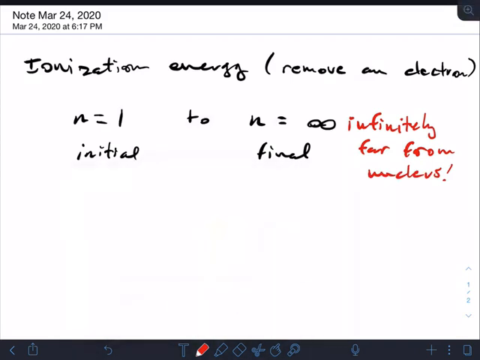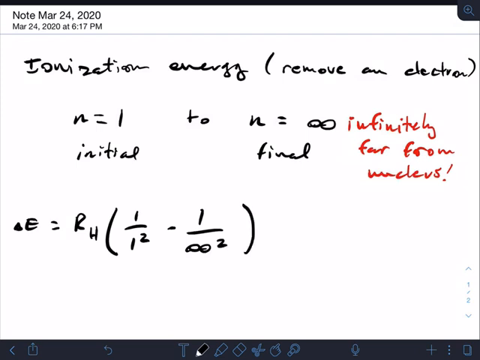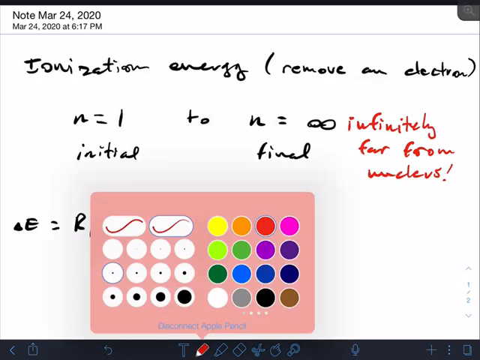Okay? So I can use that same equation, that Rydberg equation. I can say delta E equals R sub H times (1 over initial squared, 1 squared, minus 1 over infinity squared), right? So this was initial, and this is final.